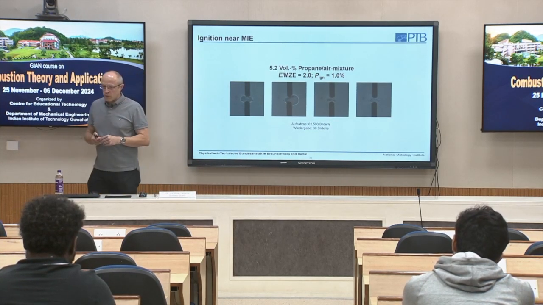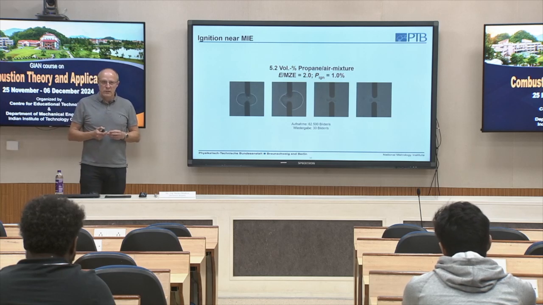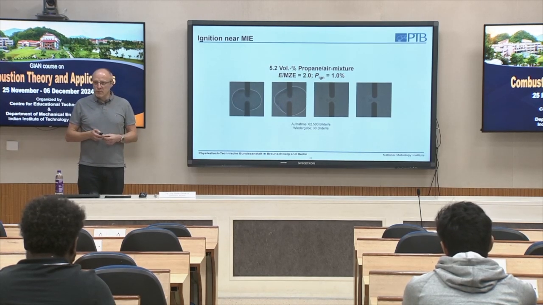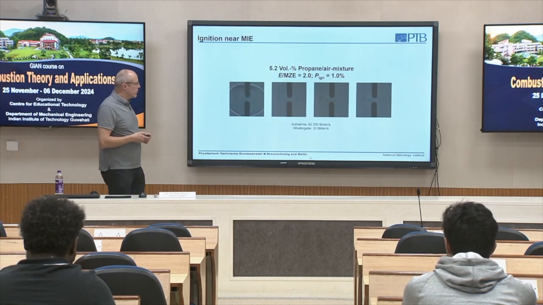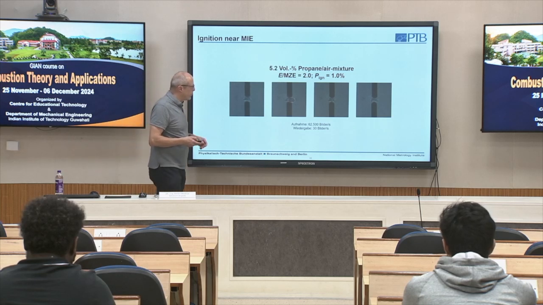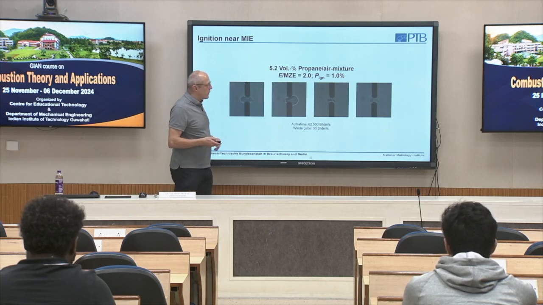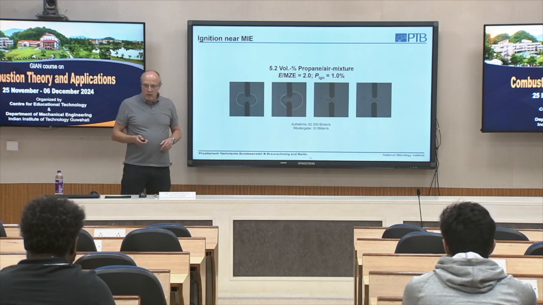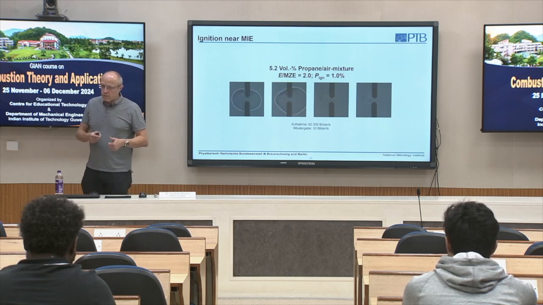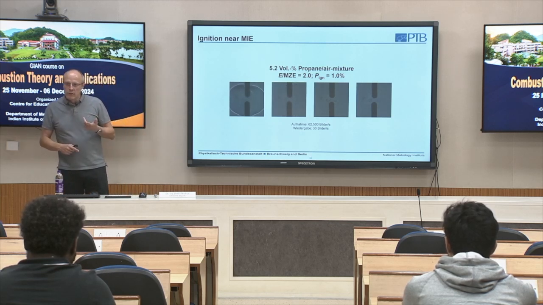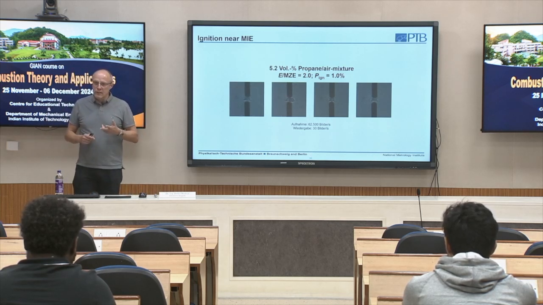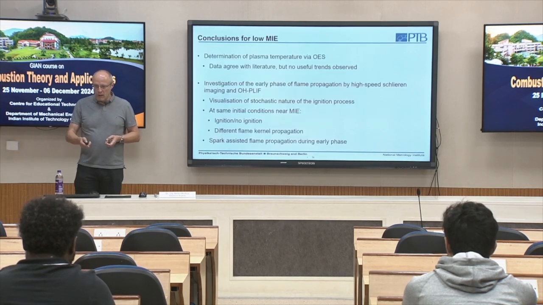We have performed only 1D calculations, so you need to perform at least 2D calculations here. So there's still some work in the future, but for low energy discharges, we know the important factors, such as energy density, and so on. So this is quite well understood.